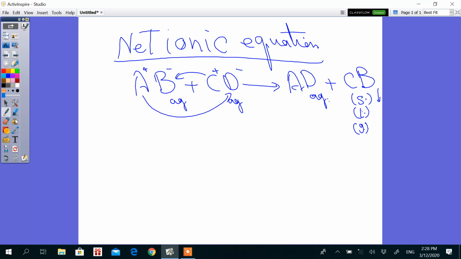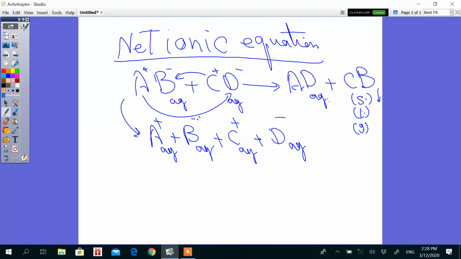But to write the net ionic equation, if I have AB, it is A positive aqueous plus B negative aqueous, plus CD, C positive aqueous plus D negative aqueous.